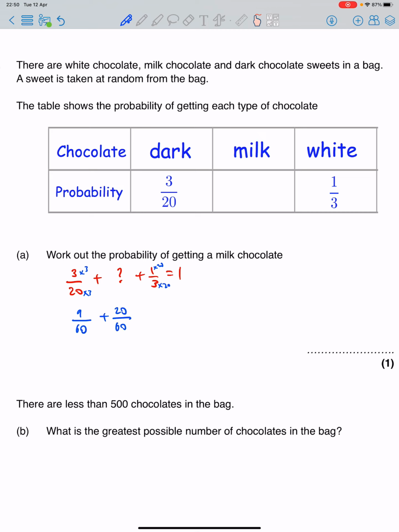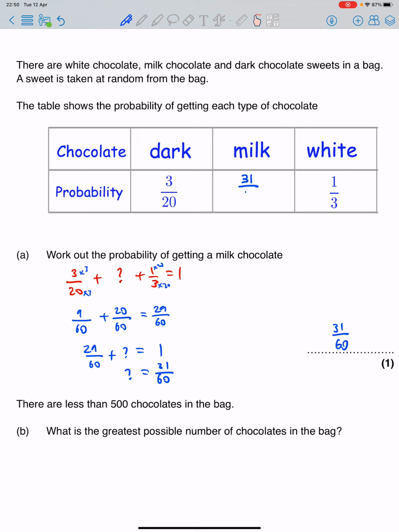So 29 over 60 plus our something equals 1, which in this case is 60 out of 60. So that means that our missing bit is 31 out of 60. So 31 out of 60, let me just also include that here.